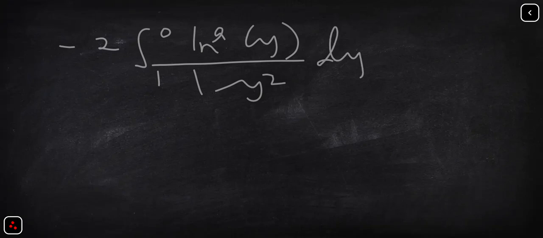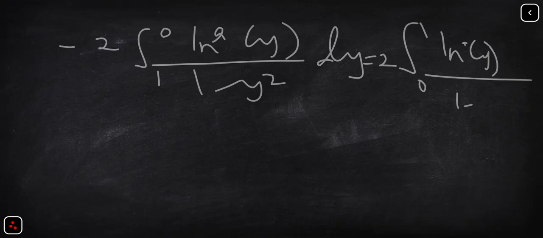According to what I taught you yesterday, I can change this from 1 to 0 because of this negative sign. So this can be 2 multiplied by the integral from 0 to 1 of the natural log of y raised to the power of a over 1 minus y squared dy. Okay, very easy to solve now.